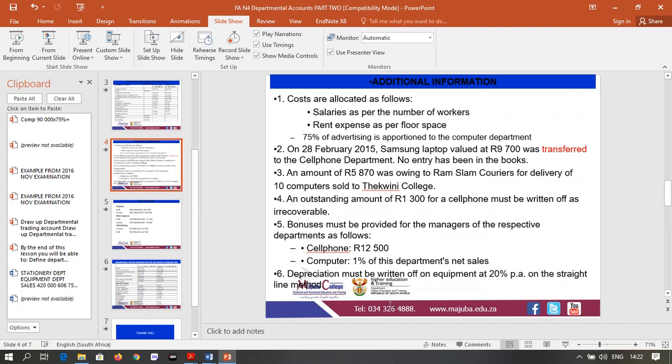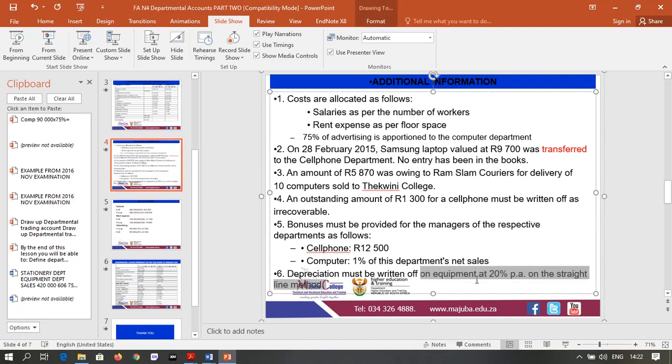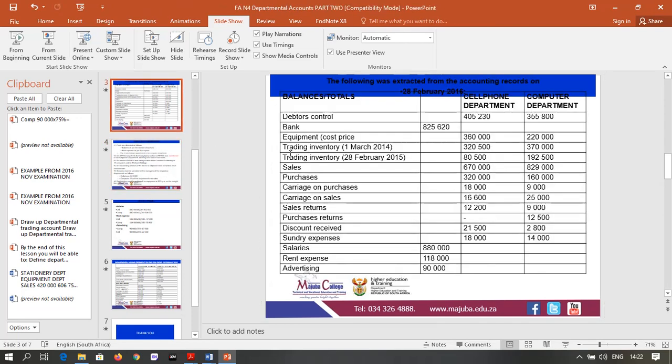Then you come to the last one, which is depreciation. Depreciation must be calculated at 20% on a straight line method on equipment. Then you go to the given information and check the equipment.